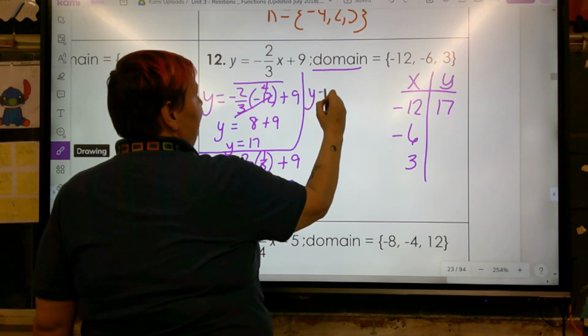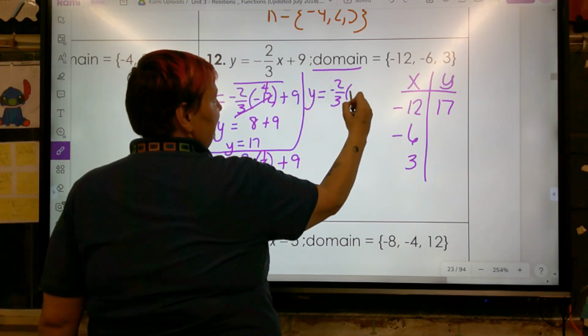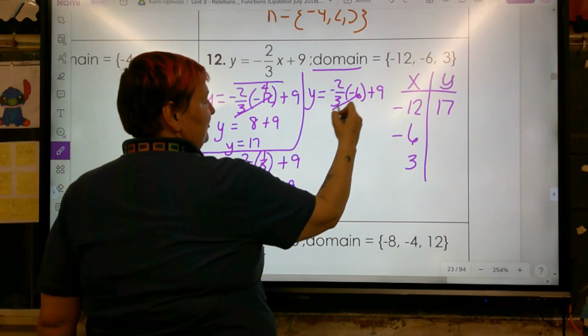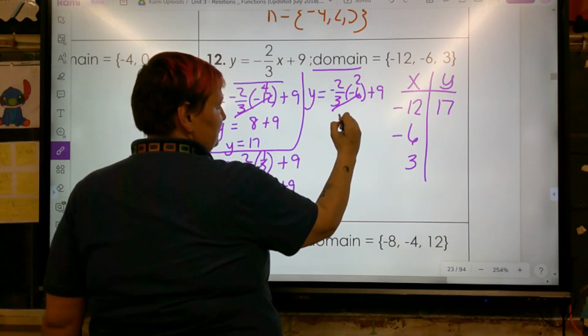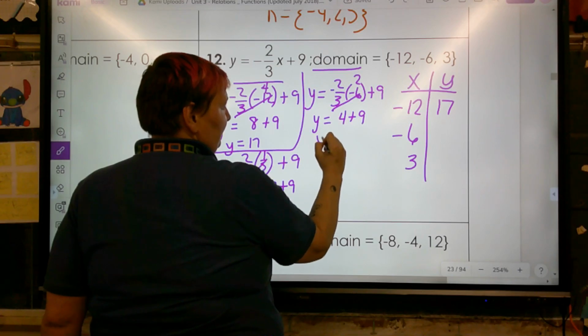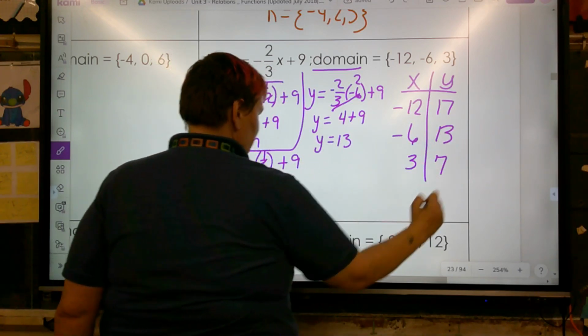Alright, y equals -2/3 times -6 plus 9. 6 divided by 3 is 2. -2 times -2 is 4. Y equals 4 plus 9, which is 13. And we forgot to put the 7 over here.